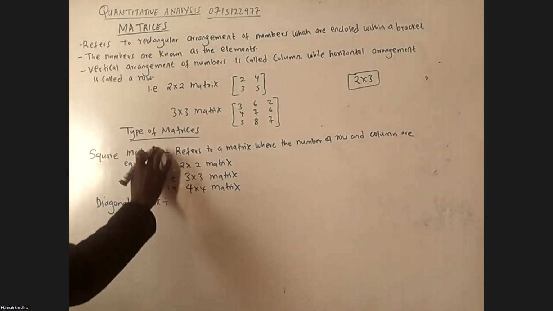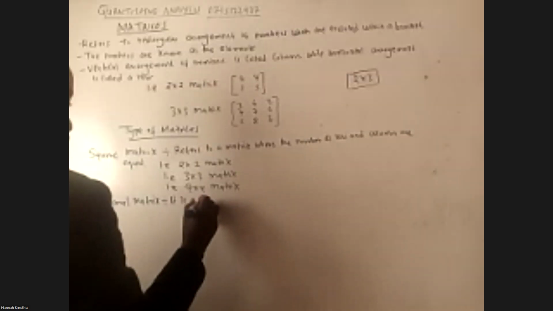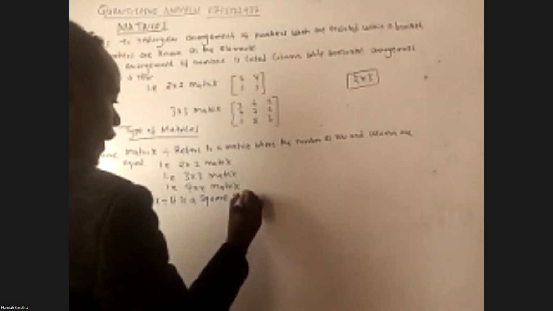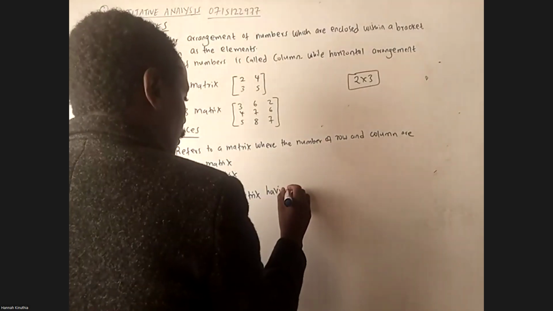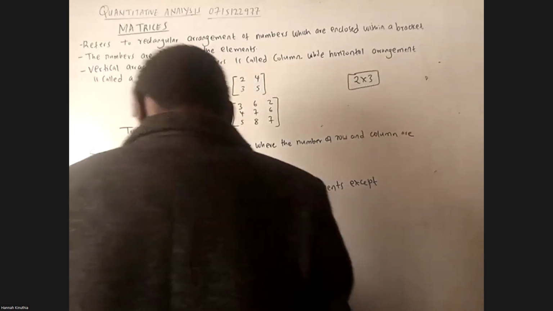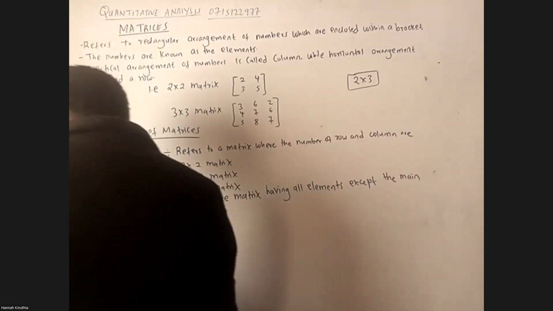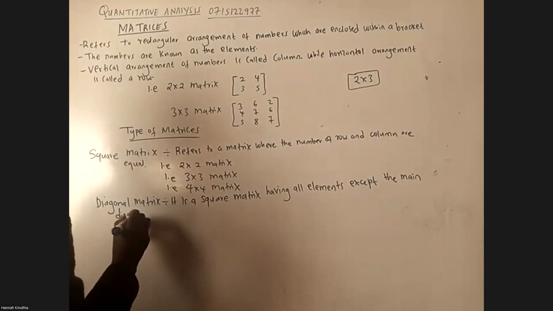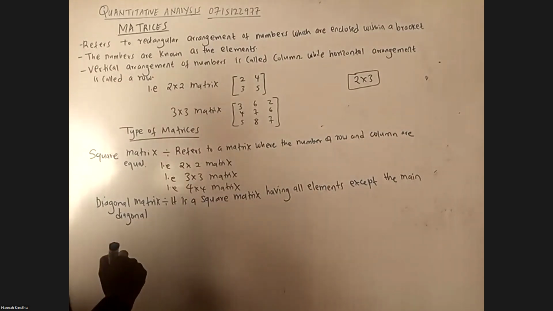A diagonal matrix is a square matrix having all the elements except the main diagonal.